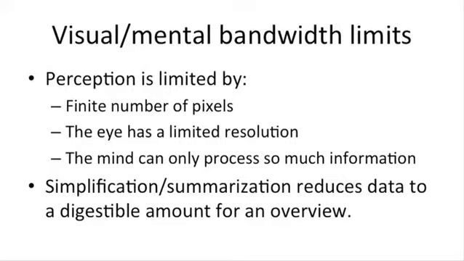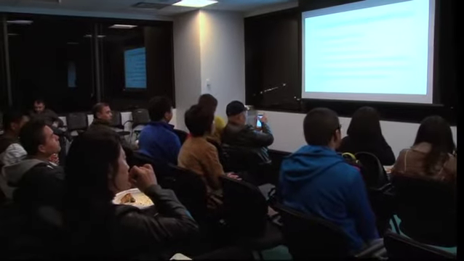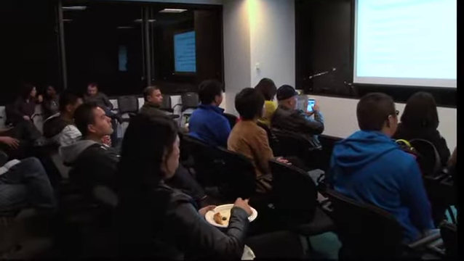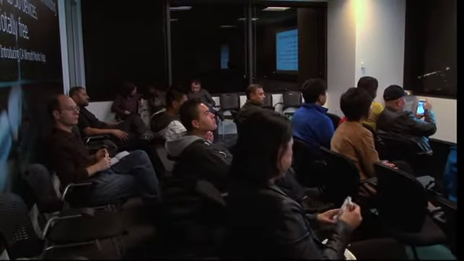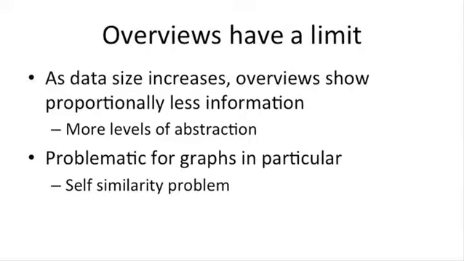So a lot of times, in order to generate this overview, in order to do this InfoVis approach, you have to use simplification or summarization to reduce the data into some digestible amount. So we have to, in general, reduce the amount of data that we're looking at to whatever is a digestible amount for the human brain to process. But this actually limits what we can do as far as generating such an overview, right?